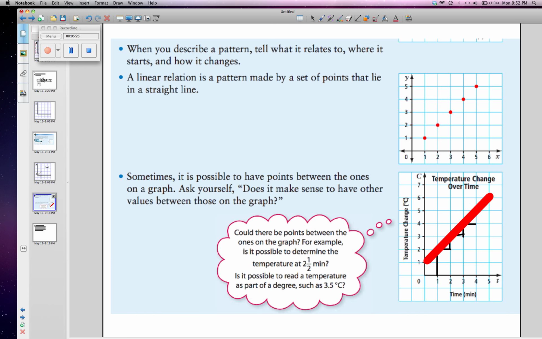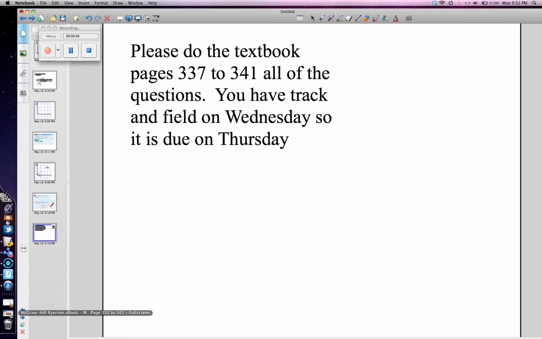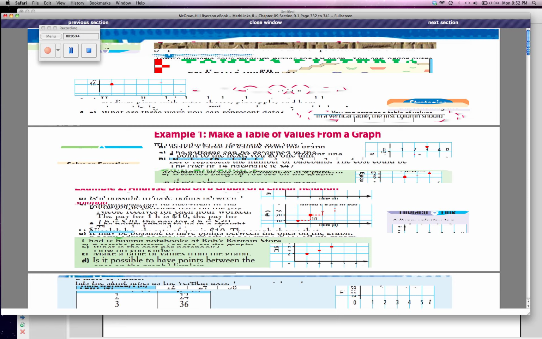Copy down these key ideas. There's your graph, table of values. Please note how that is the number 12. Notice it's not on the line. Perhaps if you had a better interval over here, the numbers would have shown up nicer. We go down here, describing the graph. Where does it start? Is it linear?